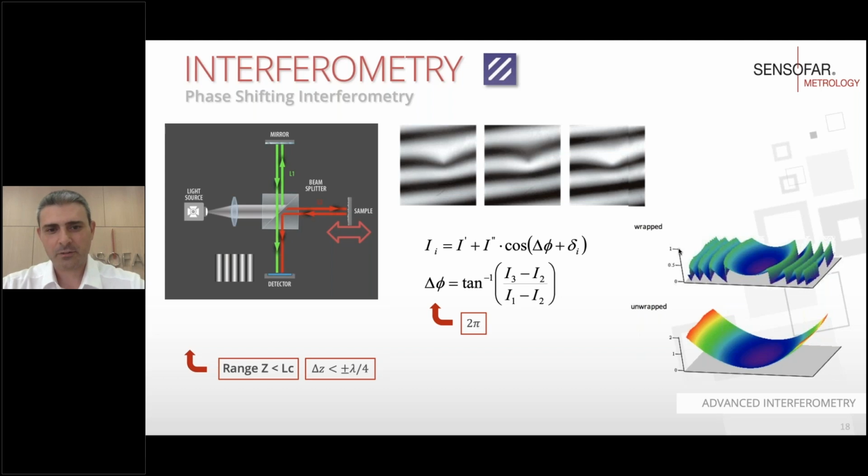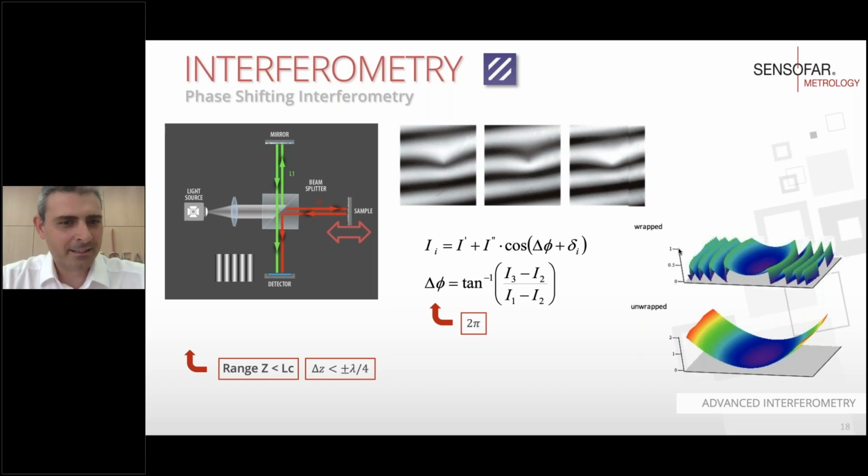The good thing about this equation is that I prime and I second prime are no longer present in it. This means that the nonlinearities of the sensor, optical vignetting, and anything that is deforming or changing the wavefronts does not affect the final calculation of the phase.